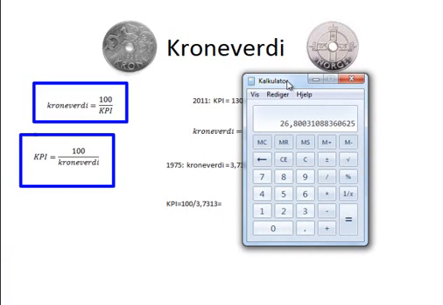We only use one number after comma for the consumer price index, so 26.8. You can enter that here, and that is our answer. The consumer price index of 1975 was 26.8. And we can write a sentence with the answer. Consumer price index of 1975 was 26.8.